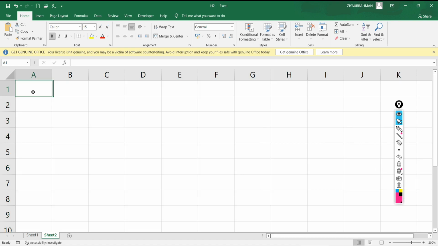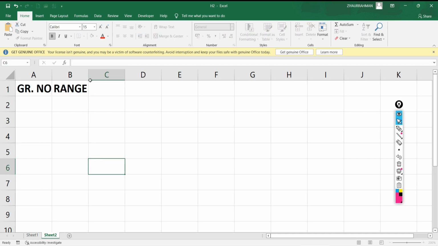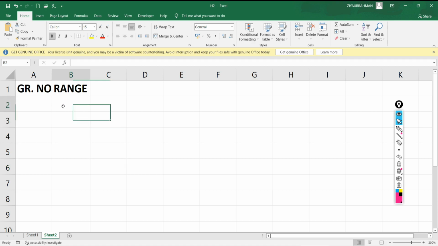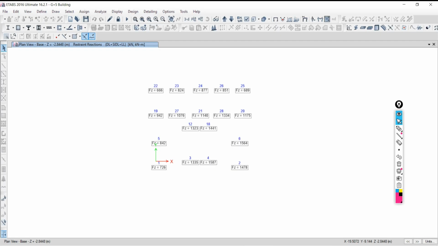Yes, sir. These are the groups. Okay, group number and range. Range will be what? That we will decide. Group number is what? GR1. What range are we going to decide? Tell me. 500 to 700.